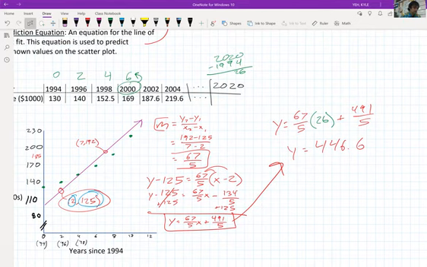So in another 10 years, it'll go up by even more, because that rate of ascent, that slope, is getting even steeper based on those green dots. So I would say this seems reasonable. $446,600 there for our final answer.